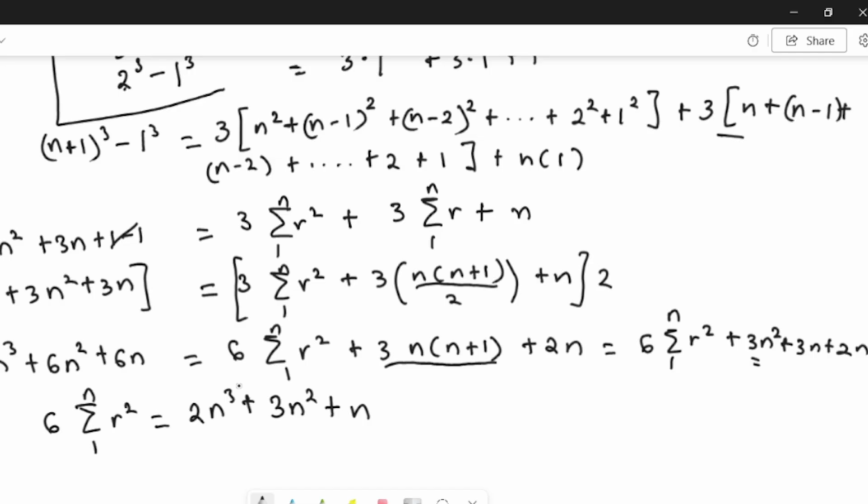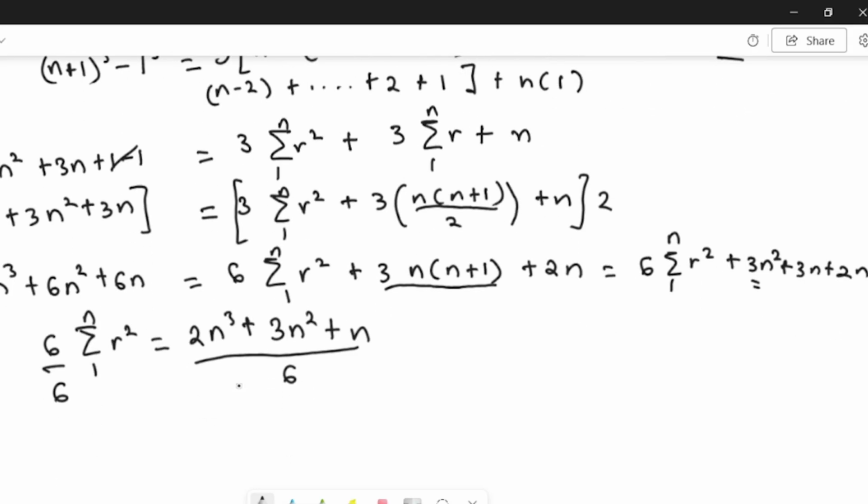And now after getting n, we want to make that sum the subject, so we divide through by 6. And now we're going to get that our sum from 1 to n, you can see here our n is a common term.